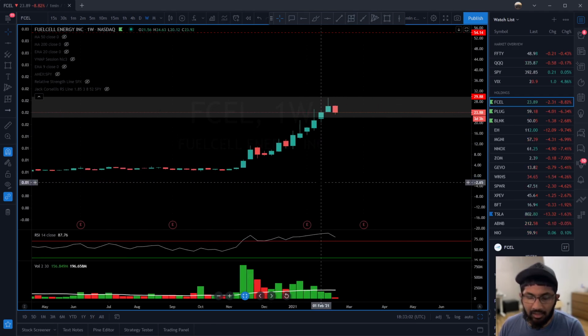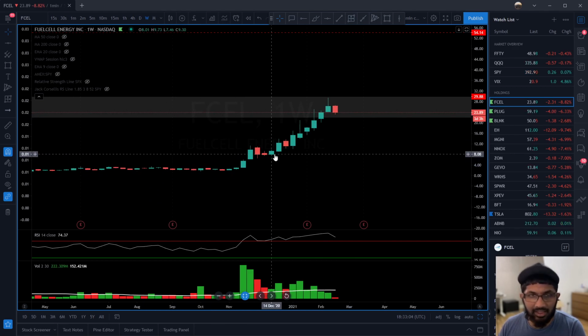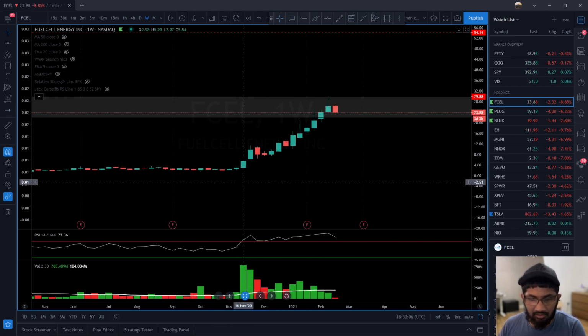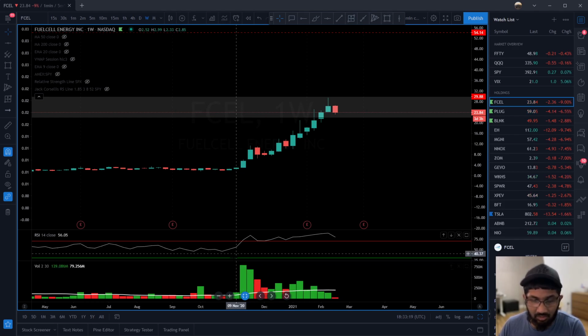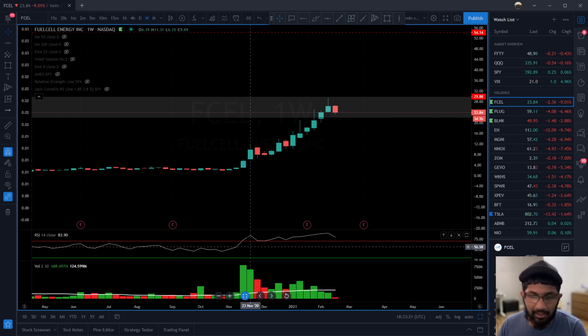What we can see in the weekly charts is from around November, we can see institutions piling in. This isn't your average person coming in, with 781 million pounds worth of investments in volume.